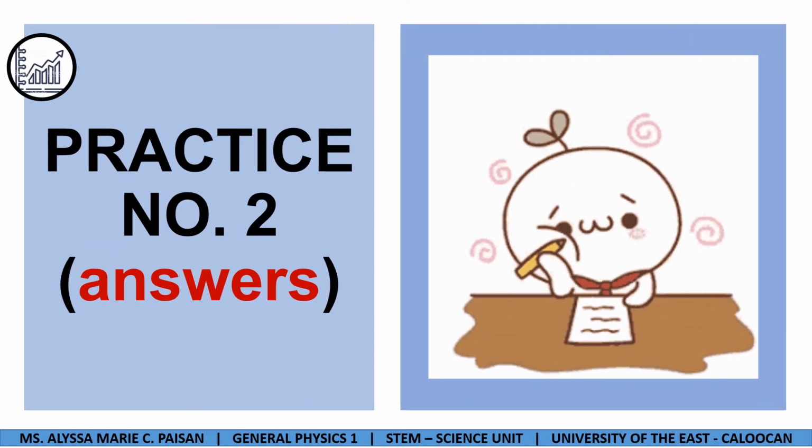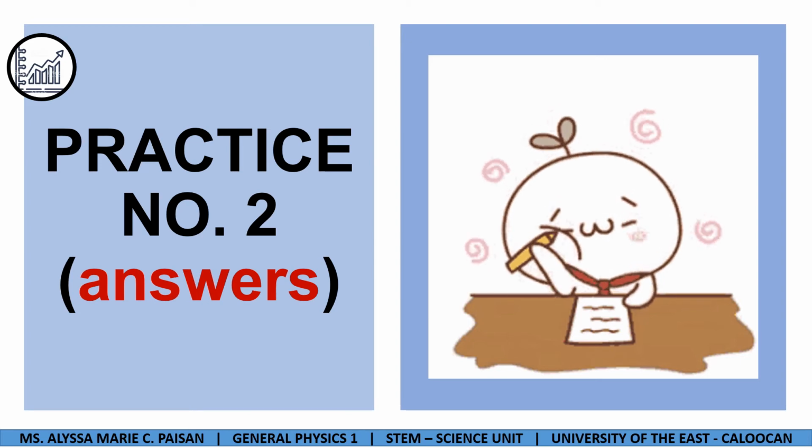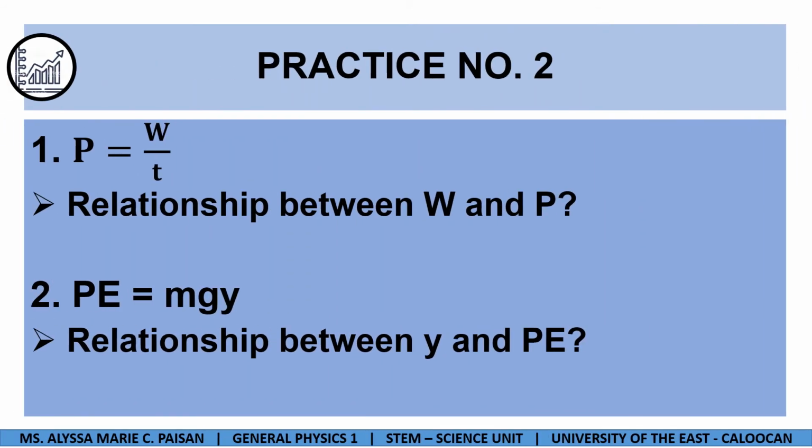Now that we're done with the answers and explanations for practice number 1, let's proceed to the answers and explanations for practice number 2. For practice number 2, you are shown the equation and your task is to get the relationship between specified variables or letters in the equation.